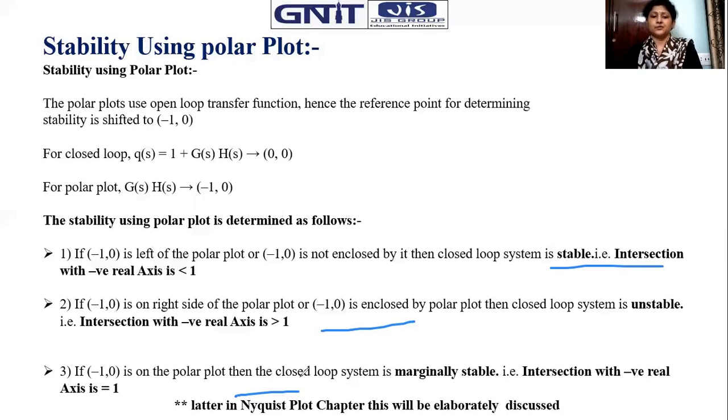If minus 1, j0 is to the left of the polar plot and not enclosed, then the system is stable. If the minus 1, j0 point is included, then it will be an unstable system. And if the phasor is passing just over that point, then it will be termed a marginally stable system. That will be interpreted in the Nyquist lecture.